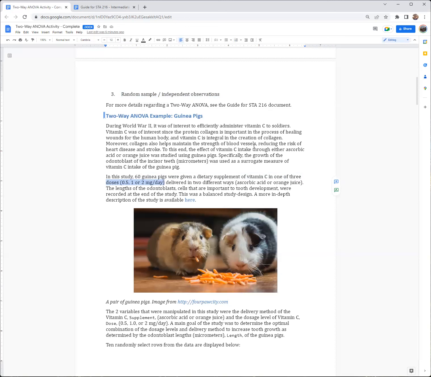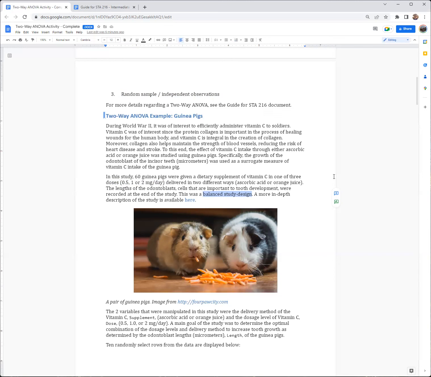And so to explore how this would affect vitamin C intake, a total of 60 guinea pigs were included in a study in what's called a balanced study design. So there were 6 total treatment groups, which each had 10 guinea pigs, yielding the 60 total guinea pigs.